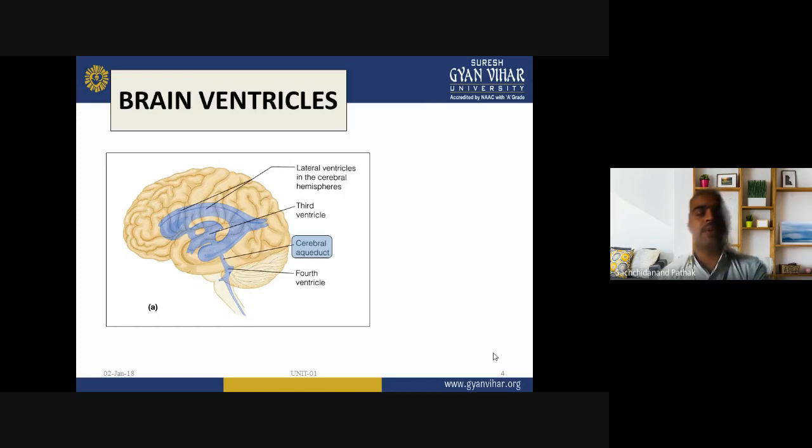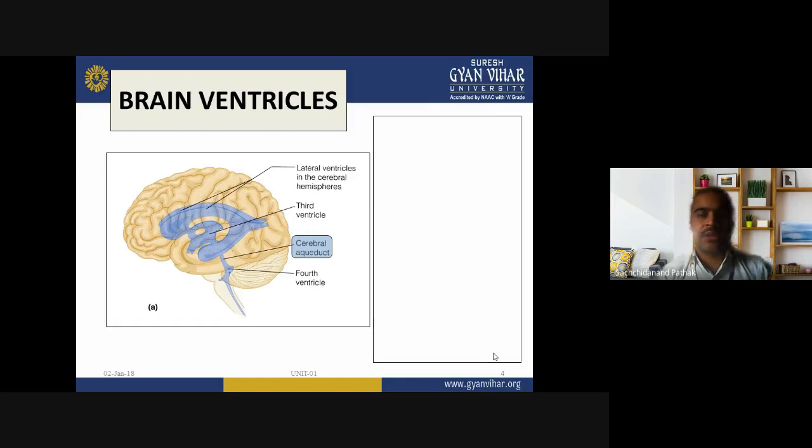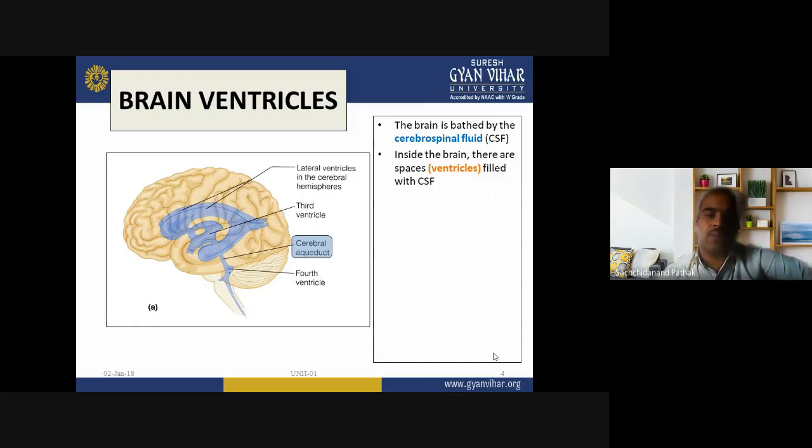If we start with the brain ventricles, you can see in the images there is a lateral ventricle, a central ventricle in the cerebral hemispheres, the third ventricle, the cerebral aqueduct, and the fourth ventricle. Now we know the brain is bathed by cerebrospinal fluid, and inside the brain there are spaces that are filled with the CSF.